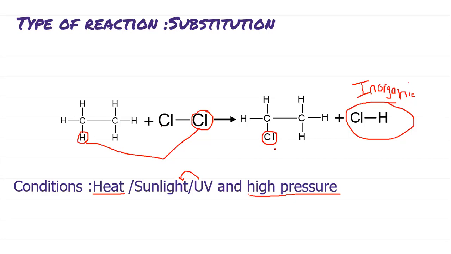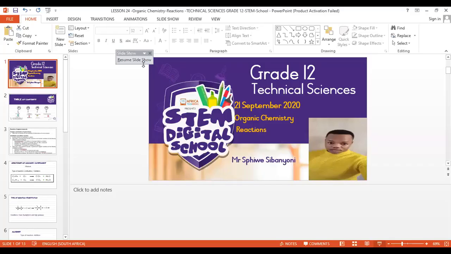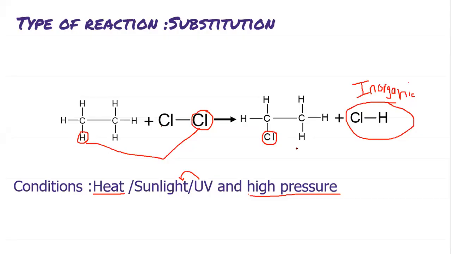Now, I'm looking for the general formula of the product. There is no way that you can determine the general formula of this product when you don't know the product. So firstly, you do your rough work, you determine the product, and then you see that the product belongs to the homologous series haloalkanes.